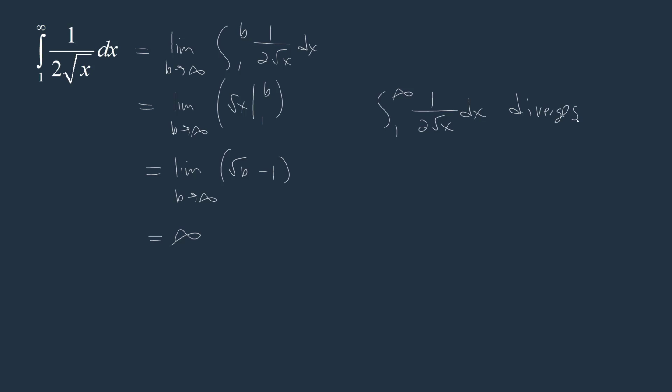Now notice though that the function is positive, so there is a region below this curve and above the x-axis from 1 to infinity. You could then say that that area is infinite because of the limit process I just did.